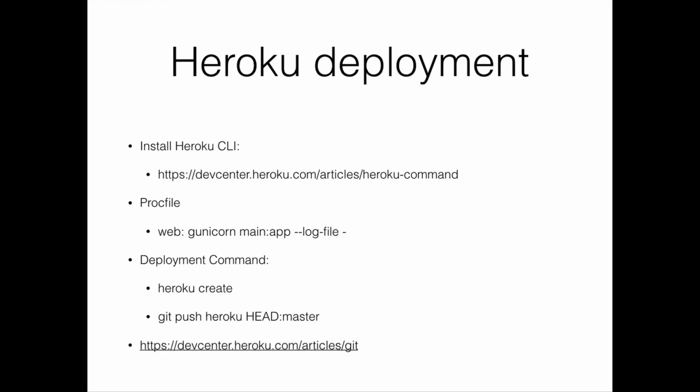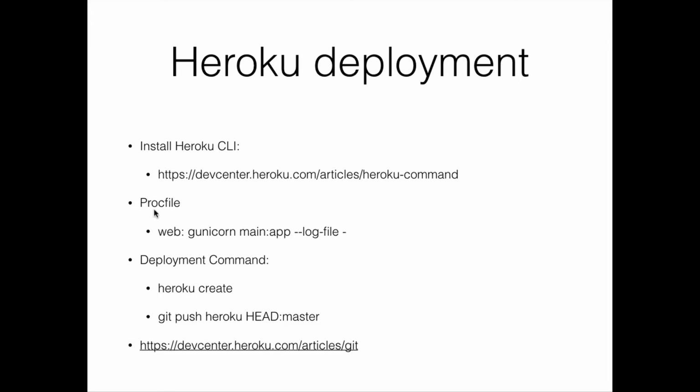The last part for setting up our web server is that we have to actually deploy. In this case, we're using Heroku, and it's very simple to set up. Heroku is basically a web provider which will host your app for you. From our repository, we install the Heroku command line interface, which you can do at this URL.